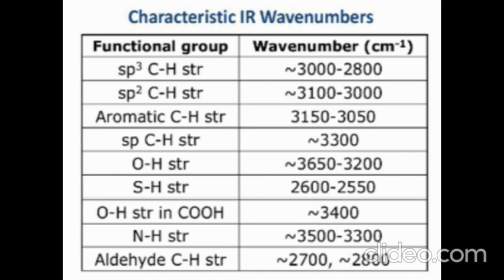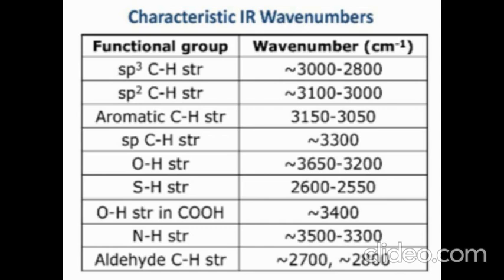Now the OH is present in alcoholic OH, phenolic OH and carboxylic acid. If the OH is part of the carboxylic acid functional group, it will have a lower value than the OH stretching of alcoholic OH and phenolic OH.